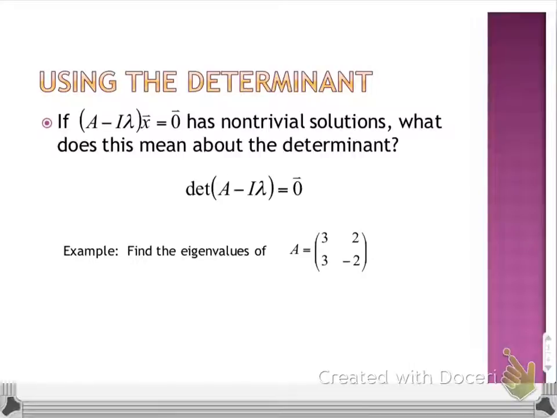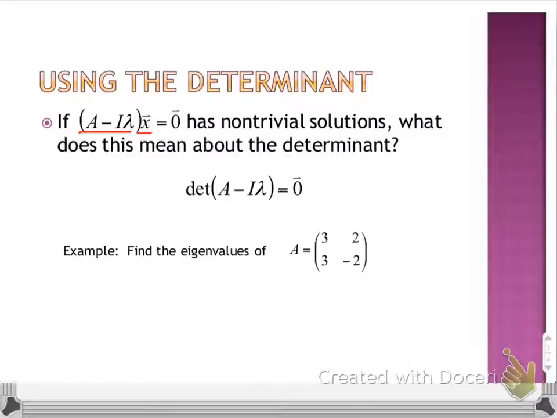So, using the determinant. Now we're dealing with the equation A minus lambda I times vector x equals 0. Since lambda is a scalar and I is the identity matrix, it is commutative, so you can say A minus lambda I, or I lambda. Usually it's lambda I, but it's I lambda here.